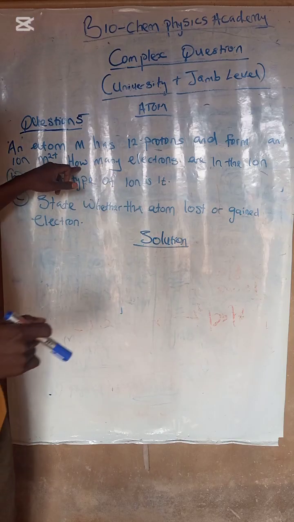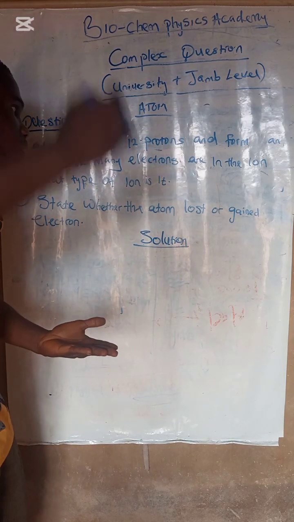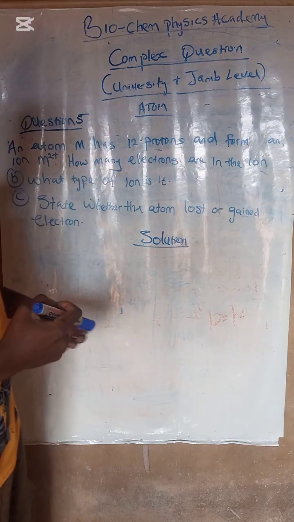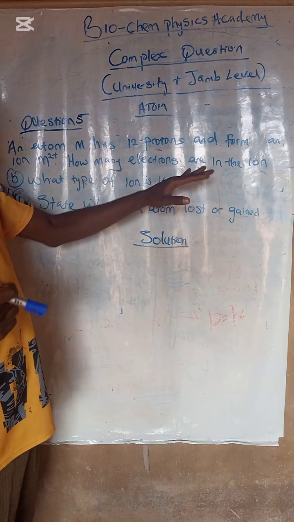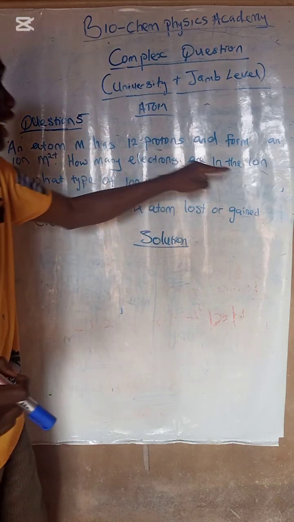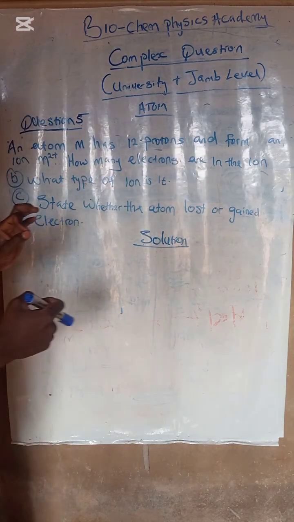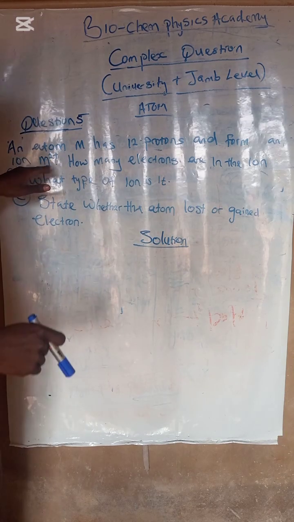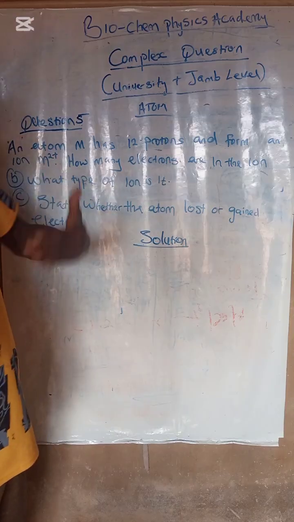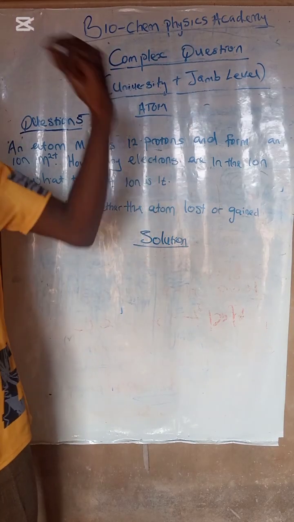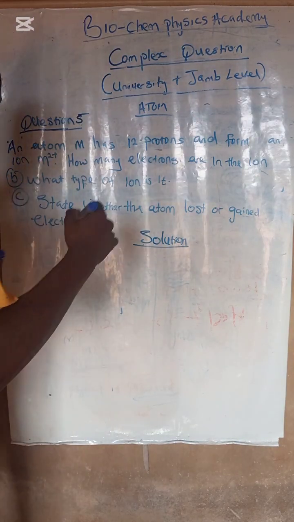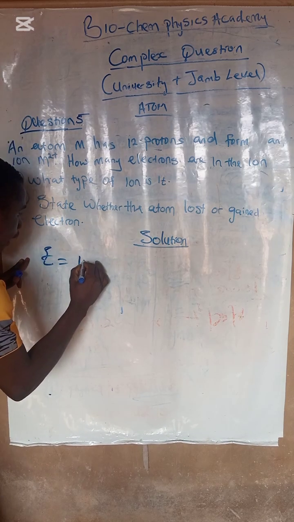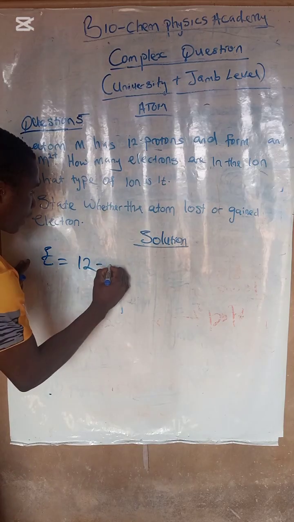So in this case, the question says, how many electrons are in the ion? For you to calculate the electrons in the ion, not in the atom, but in the ion formed. Since we know that the atom lost 2 electrons in order to become positively charged, then we could say the electron is equal to 12 minus 2.